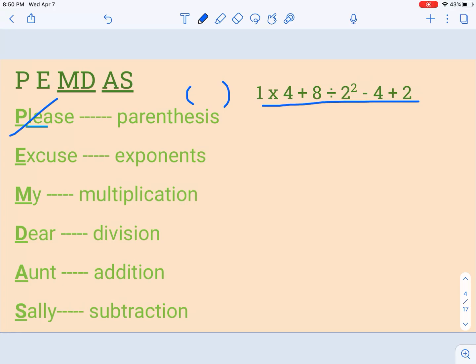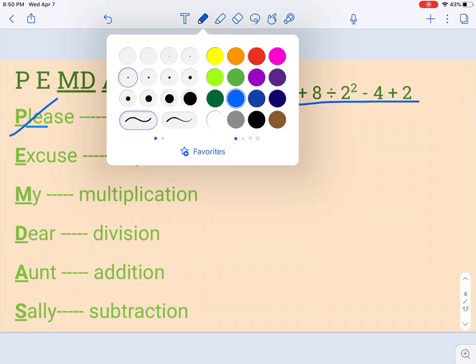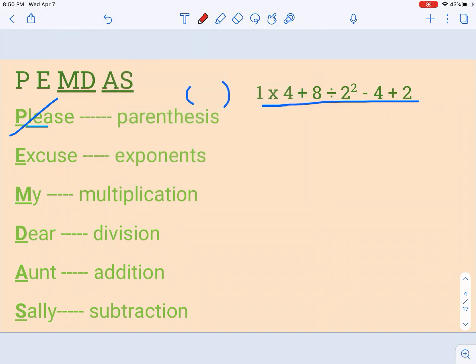So after we look for parentheses, we always look for exponents next. And I see an exponent right here, right? So we are going to solve that part of the expression next. So 2 to the second power, remember that means that we have the number 2 multiplied by itself 2 times. So 2 times 2, that means.